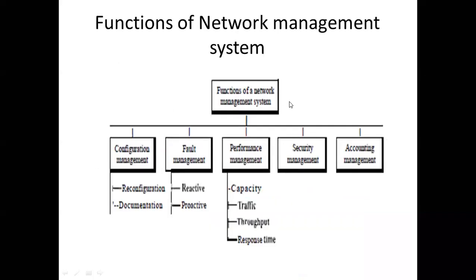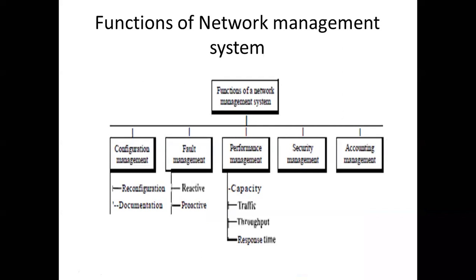Okay. Now, we should know what the functions of a network management system are. As I told you, a network management system manages a network, in the sense that it should be able to perform certain important functions that are expected from the network. Some of the important functions have been highlighted in this diagram. If you all can see, the network management system is concerned with configuration management, fault management, performance management, security management, and accounting management.